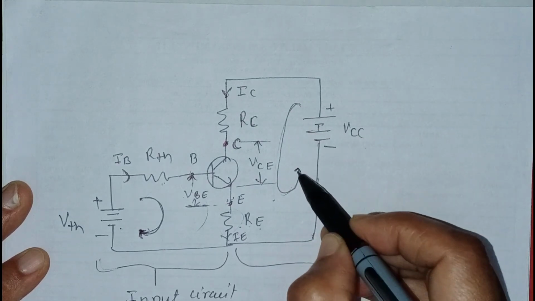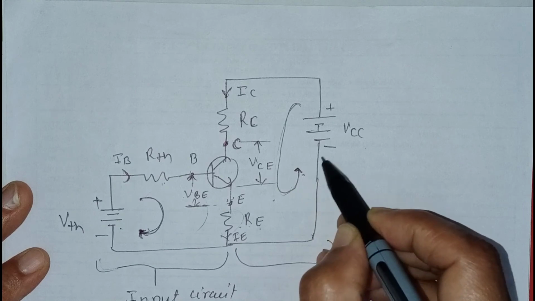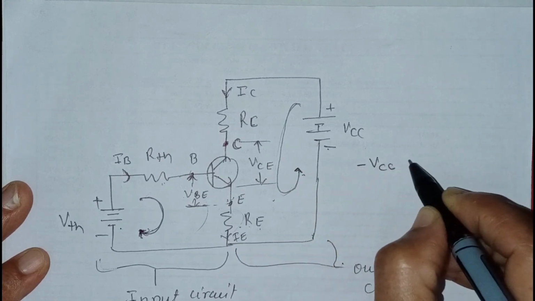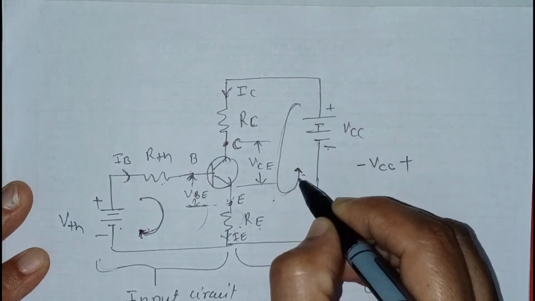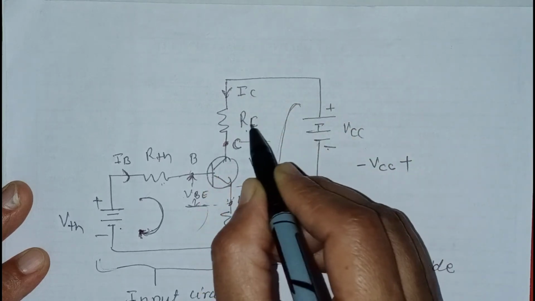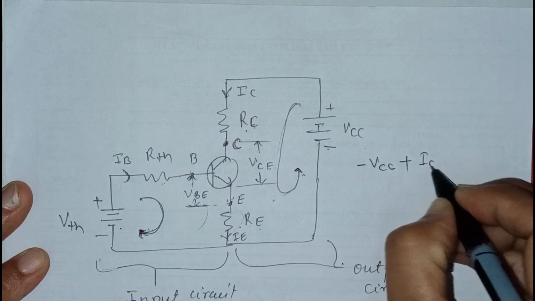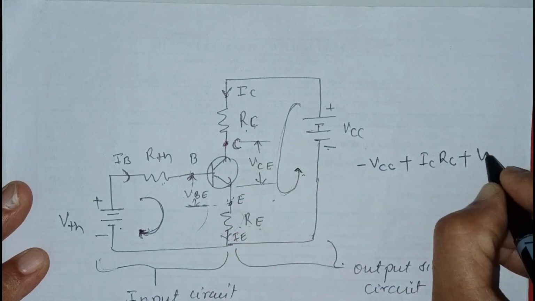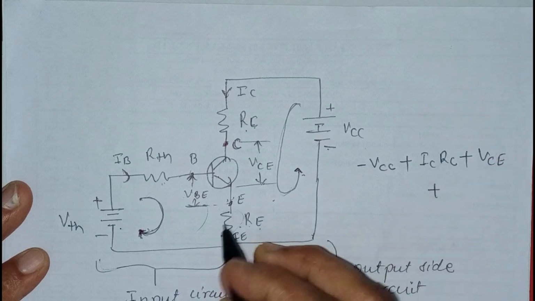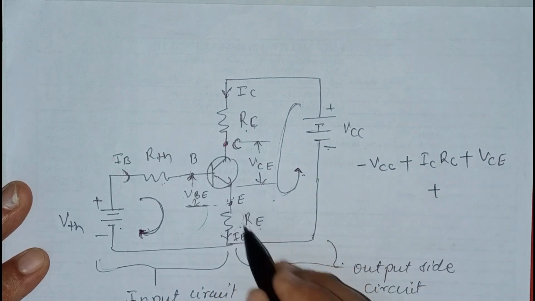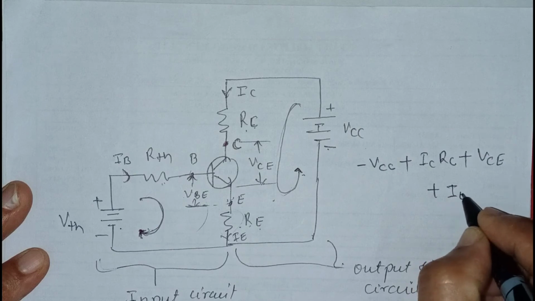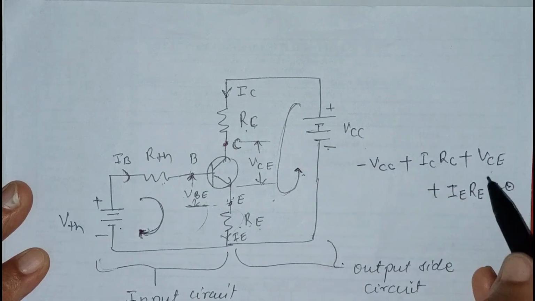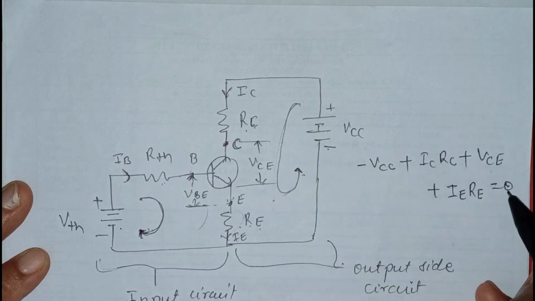Here also we can see this direction of current is going into the negative terminal, so minus VCC, and this current is going here in RC, so IC into RC plus this voltage VCE plus the voltage drop across RE. This is IE into RE equals 0. So the loop equation for the output side will be this.